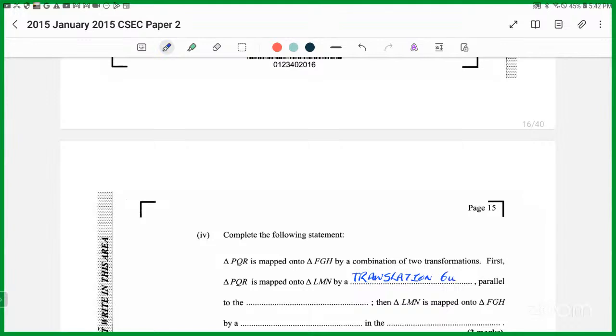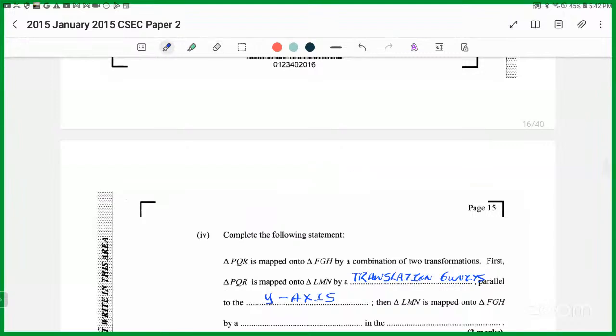Six units. Parallel to the y-axis means it moves vertically. When movement is vertical, they say it is parallel to the y-axis. When movement is horizontal, they say it's parallel to the x-axis.